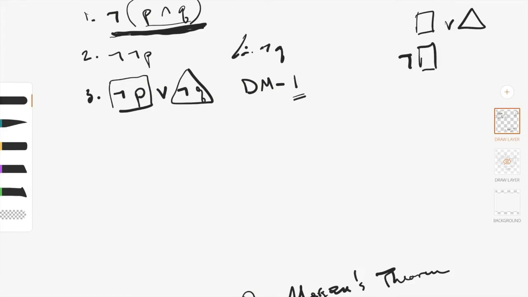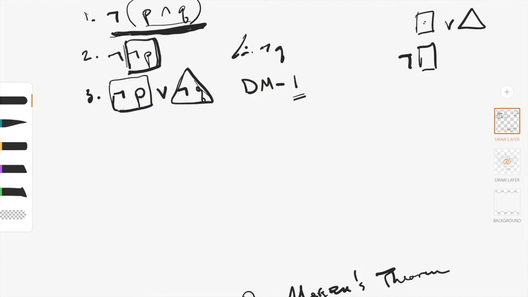And guess what? That's exactly what we have on line 2. We have the negation of the part of the first premise of disjunctive syllogism that appears in line 3. So here's the square part, here's the triangle part, and here's the negation of everything in the square.